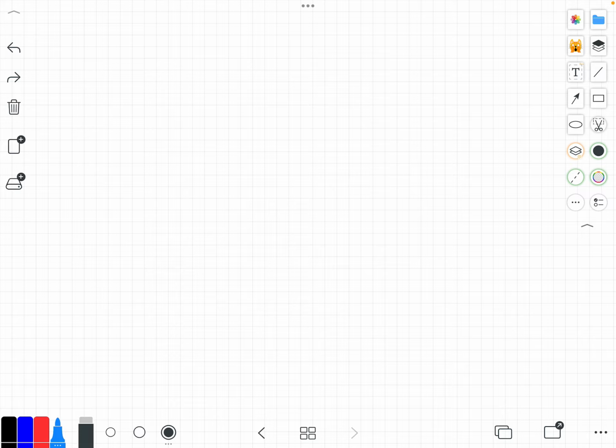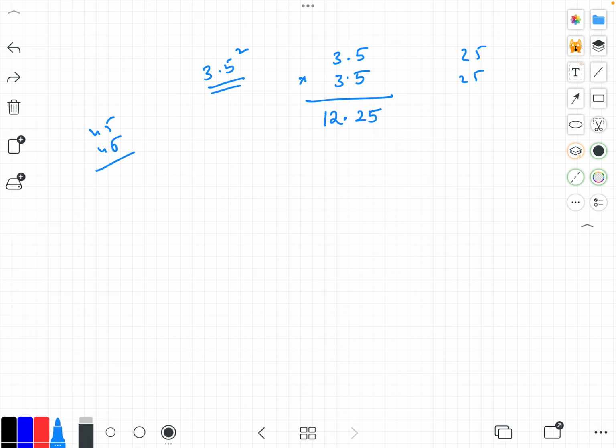So without using a calculator you can find 3.5 squared. I'll tell you a small trick. When you have 35 35, or 25 25, or 45 45, 5 5s are 25, you can write it directly. After 3, what is the next number? 4. 4 3s are 12. 12.25 is your answer.